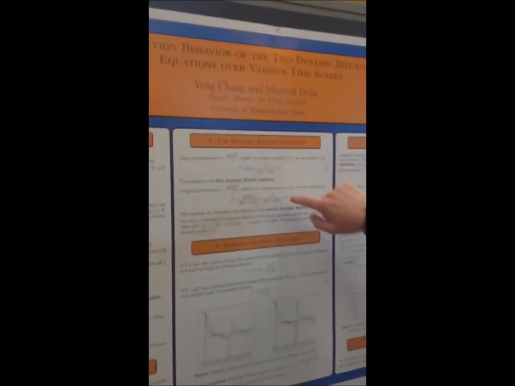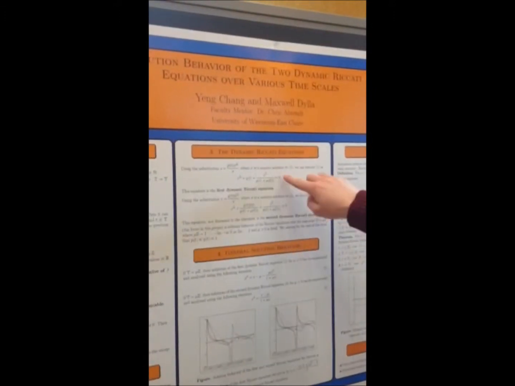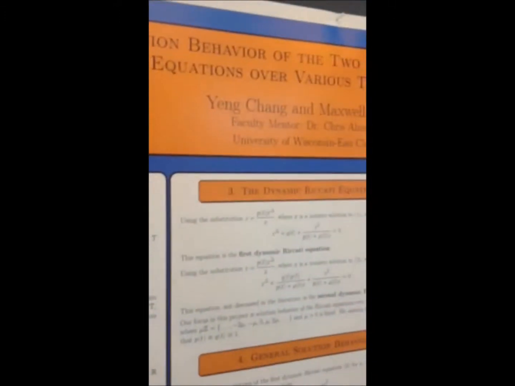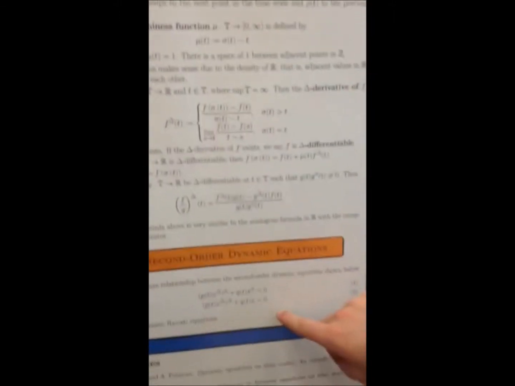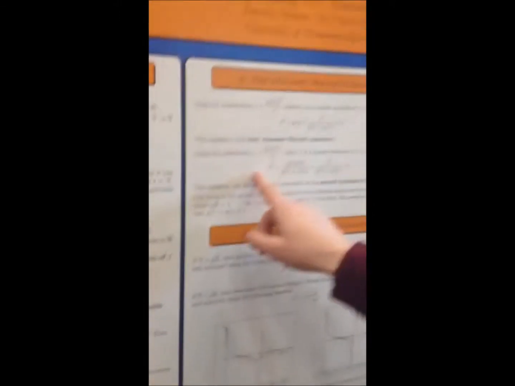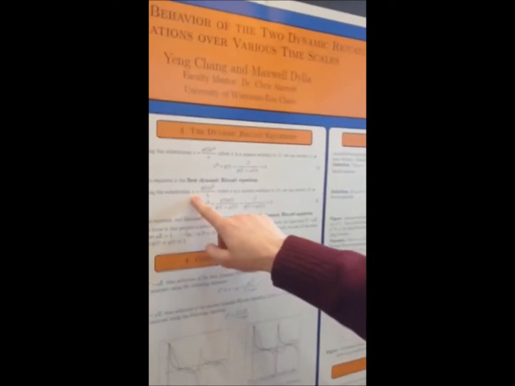So we're looking at these two dynamic Riccati equations, one up here, two down here. This first dynamic Riccati equation comes from using this substitution in the second order dynamic equation shown here. This second order dynamic equation here, we have used to develop the second Riccati equation using the same substitution.